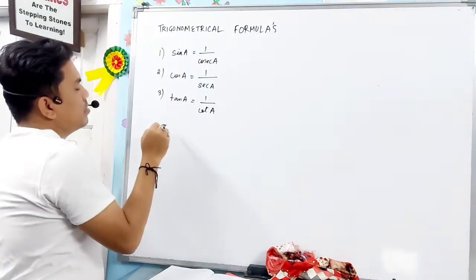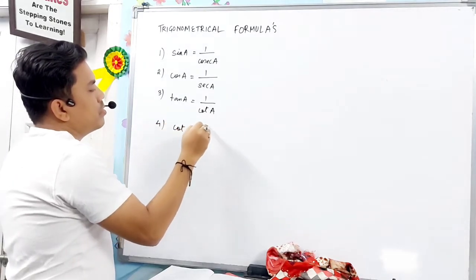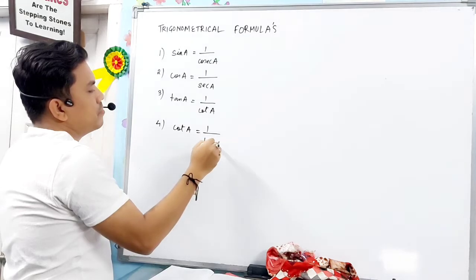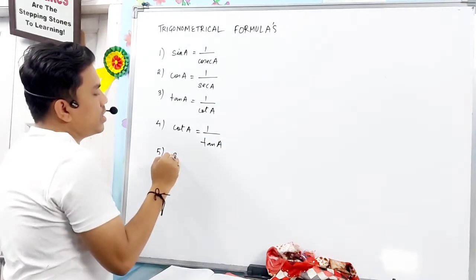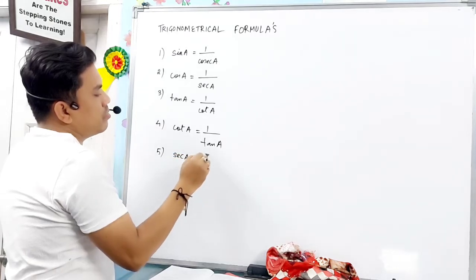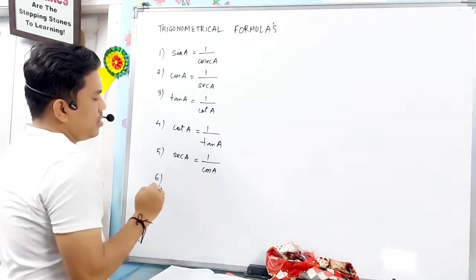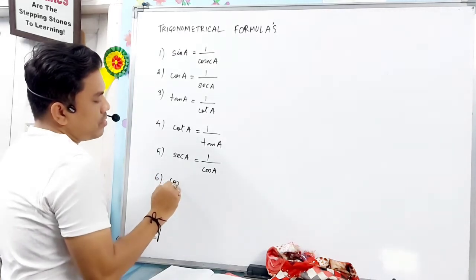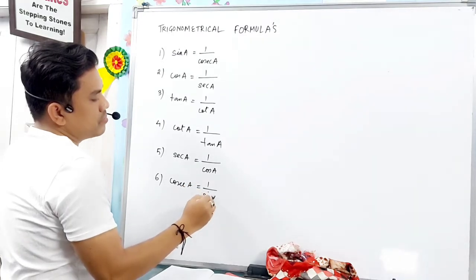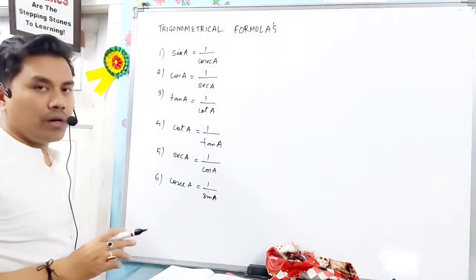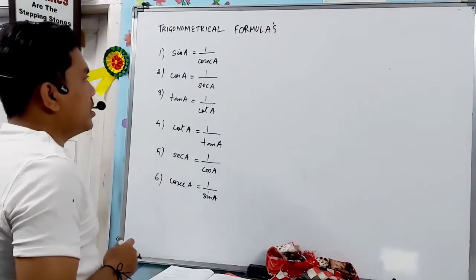So if you have cot A, it will be 1 by tan A. Number 5, if it is sec A, it will be 1 by cos A, and finally cosec A will be equal to 1 by sin A. They are reciprocal of one another. Now 6 formulas we got.